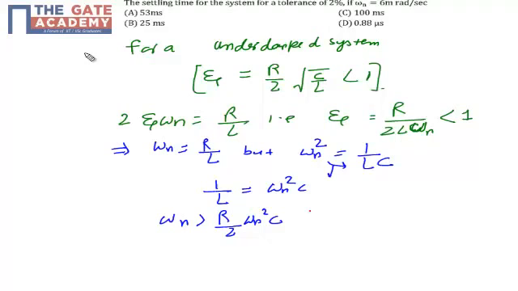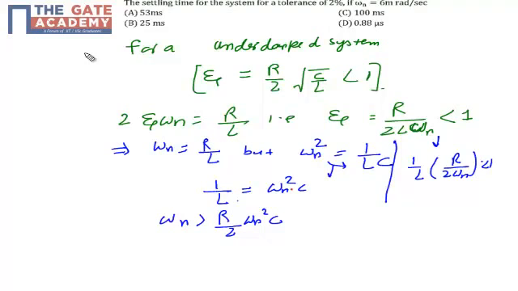It is because if you put the value of 1 by L in this expression, it is 1 by L times R by 2 omega n less than 1.